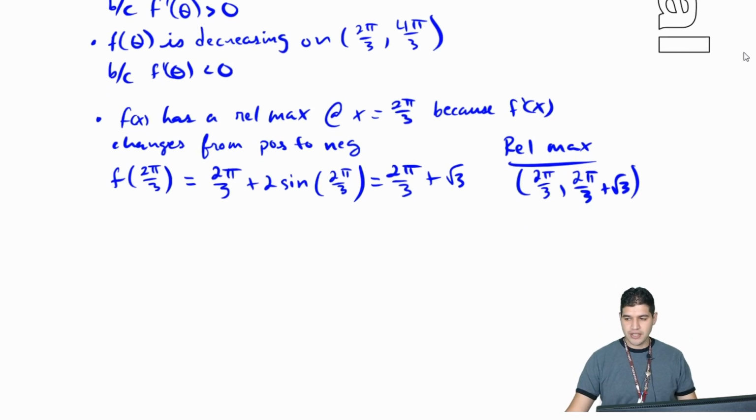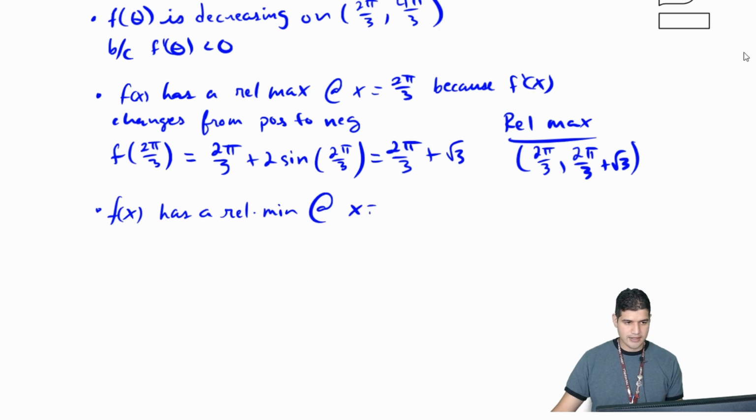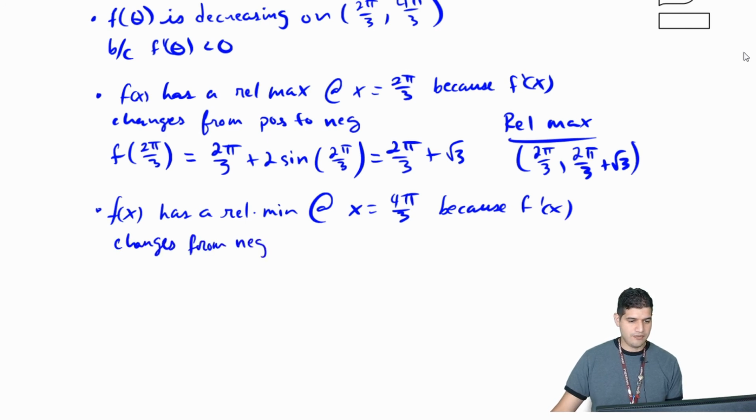And now finally, we're ready to find our relative minimum. So f of x has a relative minimum at x equals 4 pi over 3. The reason we know that is because f prime of x changes from negative to positive.